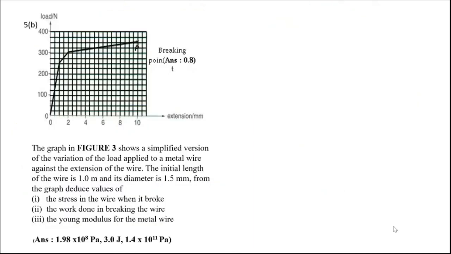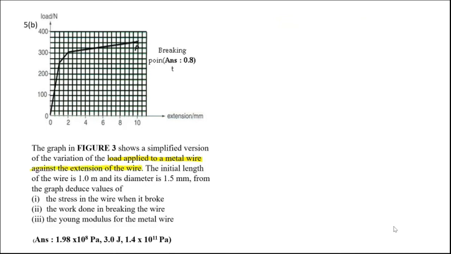Okay, then for number 5b, study figure 3. Figure 3 shows a simplified version of the variation of load applied to a metre wire against the extension of the wire.